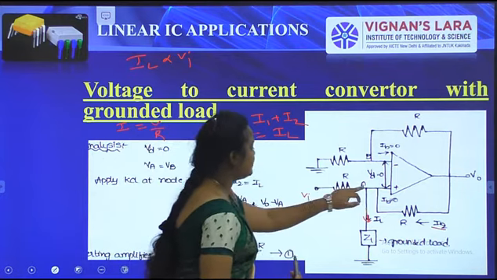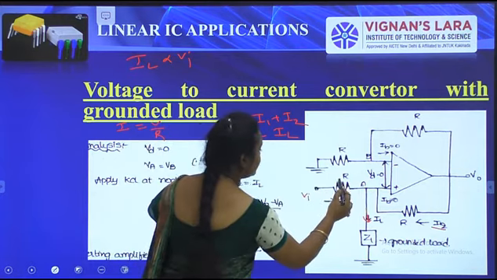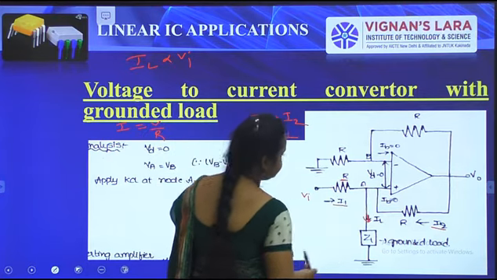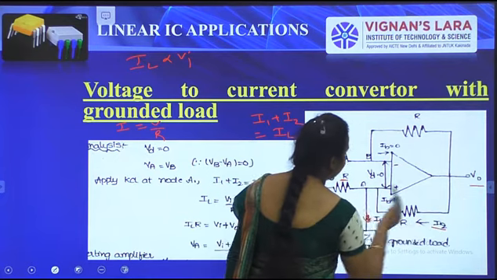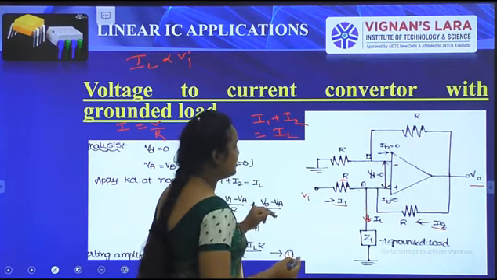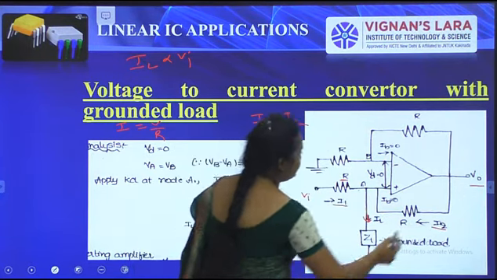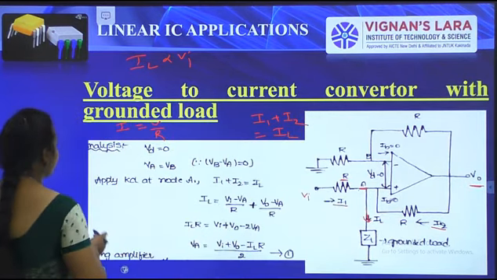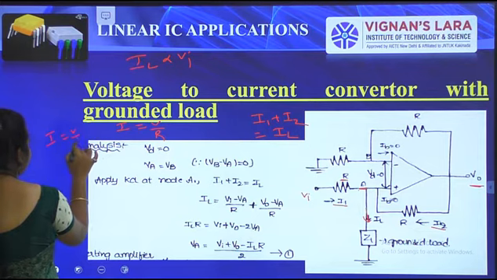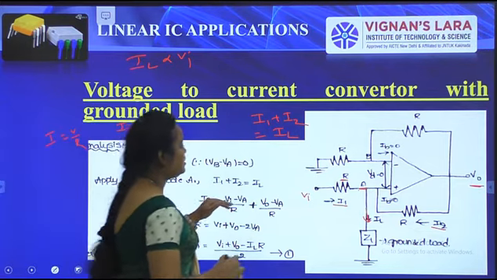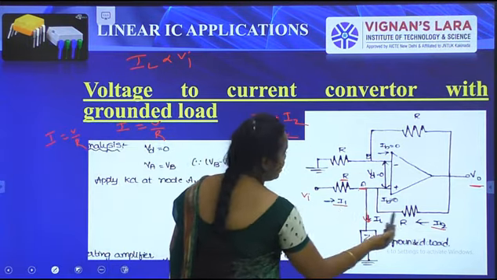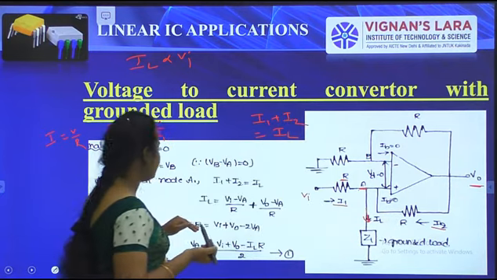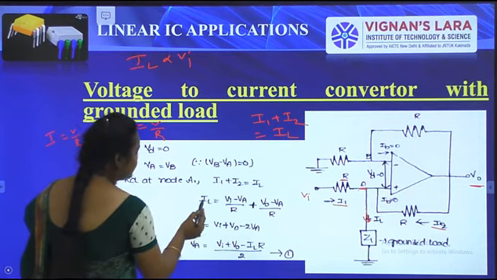So I1 is VI minus VA by R, and I2 is V0 minus VA by R. Applying I equals V by R, V is VI minus VA and V0 minus VA, each divided by R. So we can get IL; R is taken to this side.